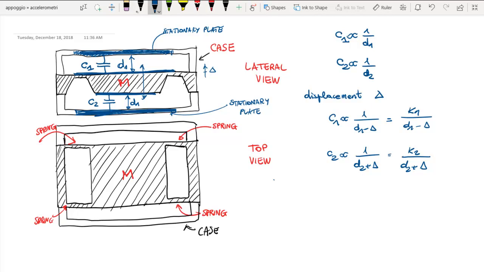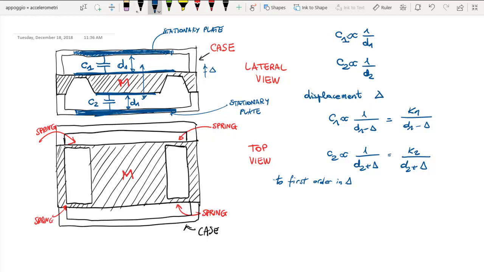Then, to first order in delta, we can make some approximation.